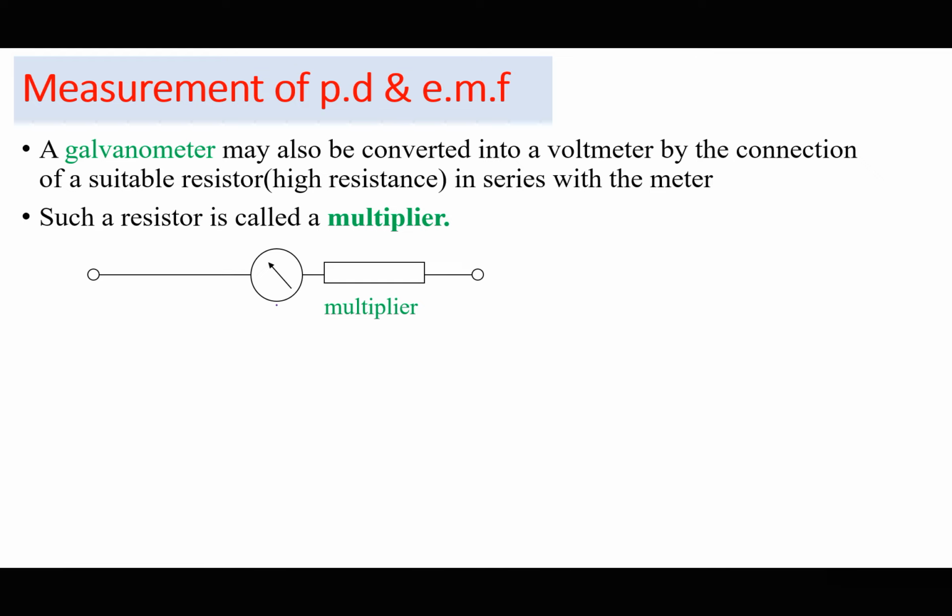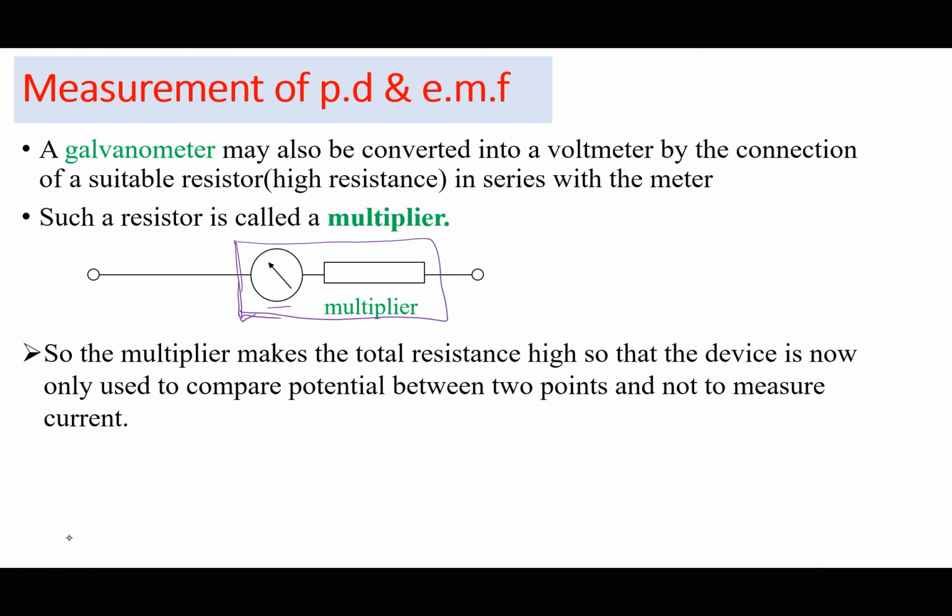So the galvanometer is connected in series with a suitable resistor, which makes the total resistance large, so that if this is being used as a voltmeter, it doesn't register current, but instead it compares potential between 2 points. If the resistance is large, no current goes through, but it can compare the potential between 2 points.